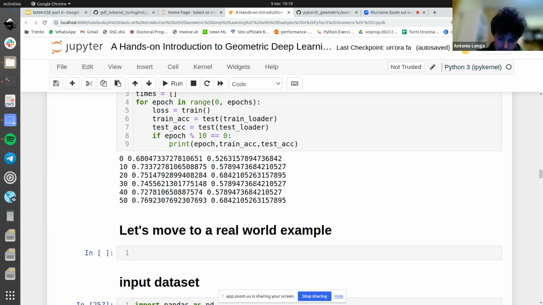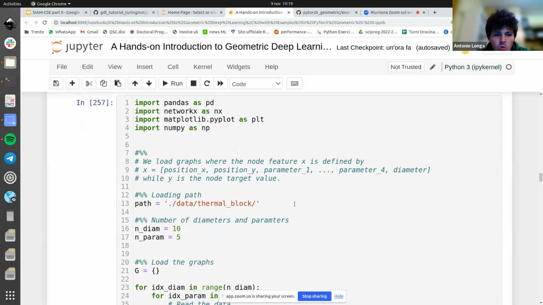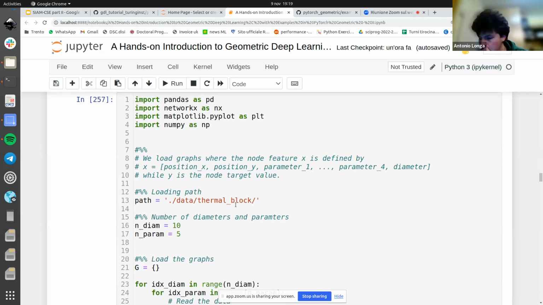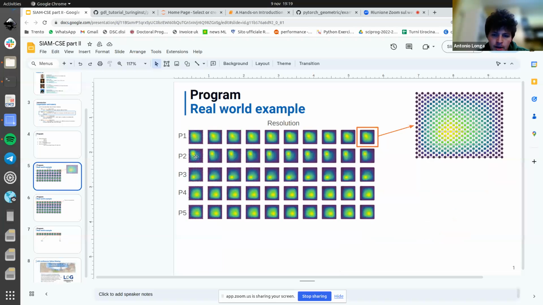Okay, let's move on. We have now our dataset, the one I was showing you before, in which you think that you have a specific material, and you are heating this material with a lighter, and you would like to see how the heat propagates.